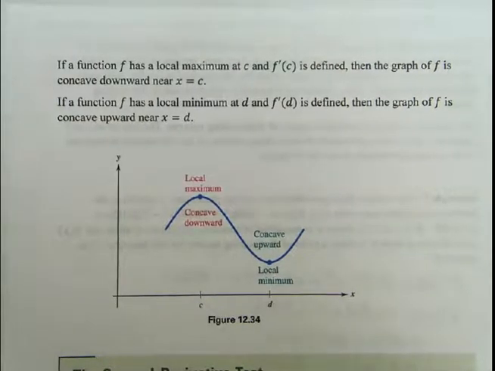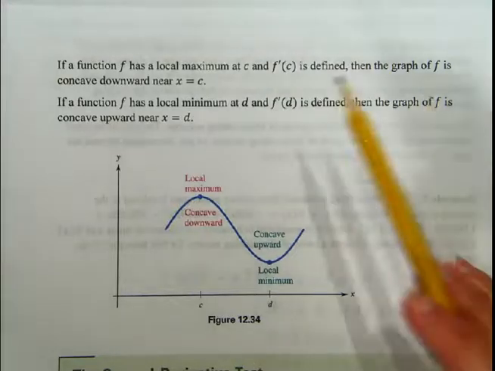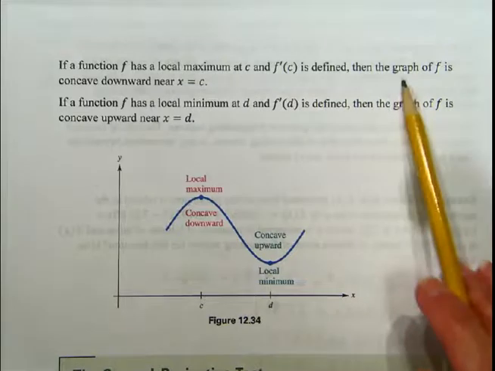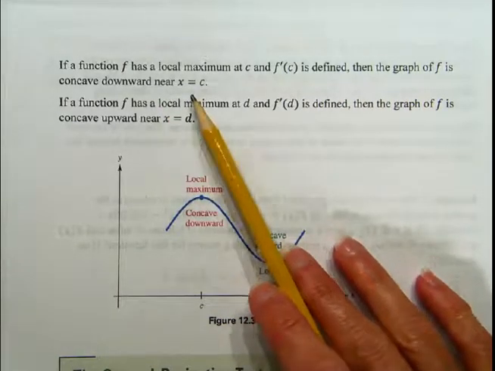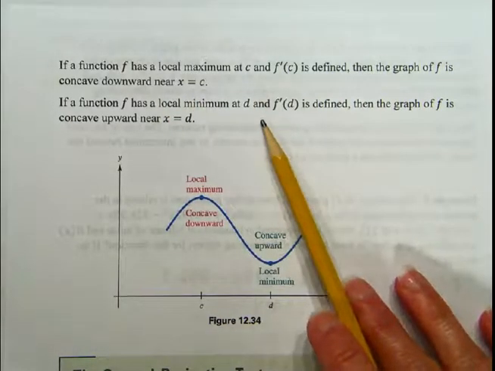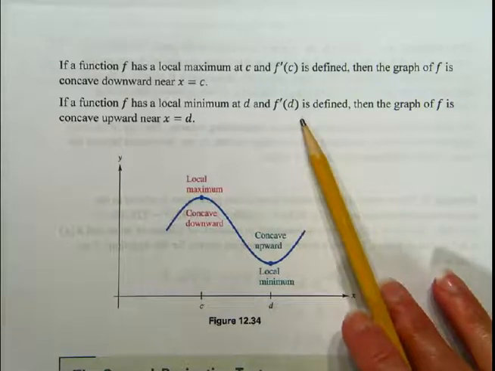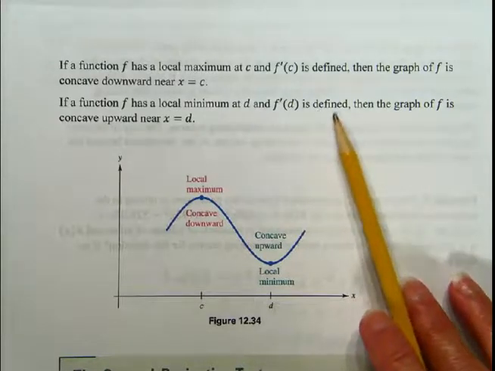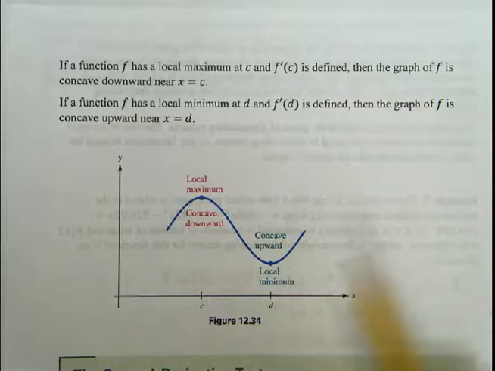Notice here, and this is something I feel like we've talked about already: if a function f has a local maximum at c, and the first derivative is defined, then the graph is concave down. If it has a local minimum at d, and the first derivative at d is defined, the graph is concave up near d.